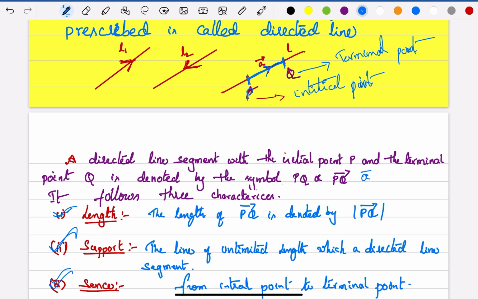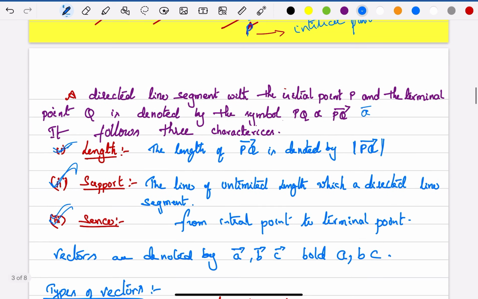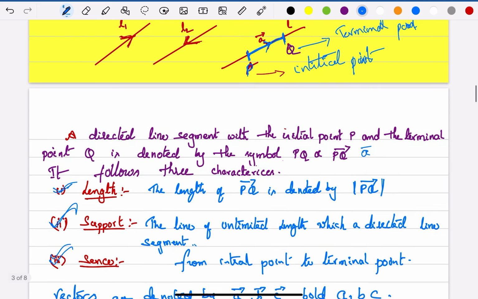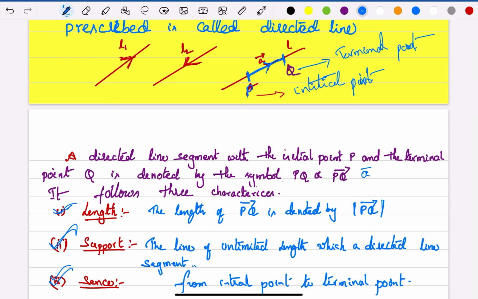It is called the magnitude, denoted by mod PQ. Sense is from the initial point to the terminal point, where the starting point is and from where it is moving. This is called sense.